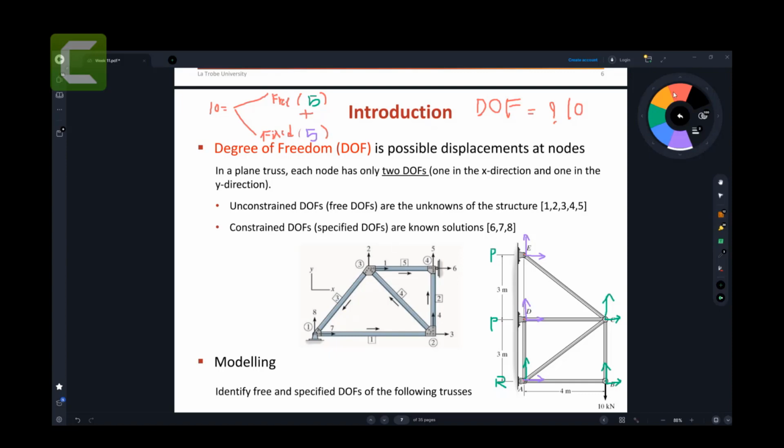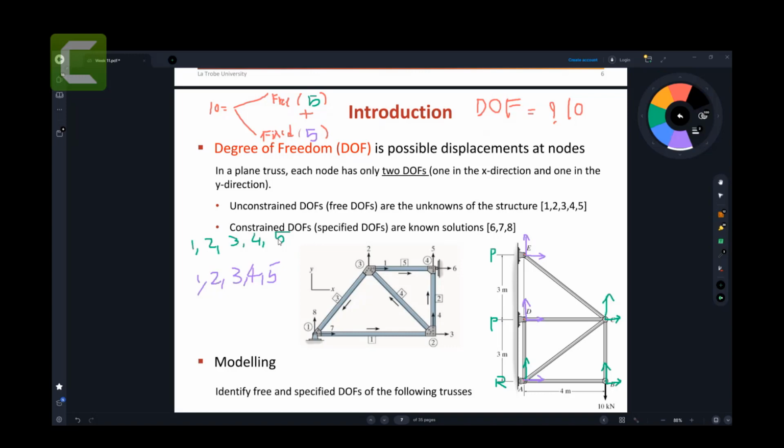Now my problem is I have 2 options. I can have this numbering 1, 2, 3, 4, and 5, or I can have this 1, 2, 3, 4, and 5. Now I need to allocate these 1, 2, 3, 4, 5 to someone, because there are 5 here and 5 here.